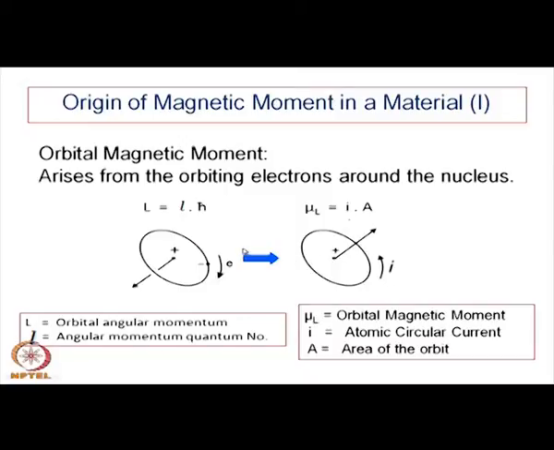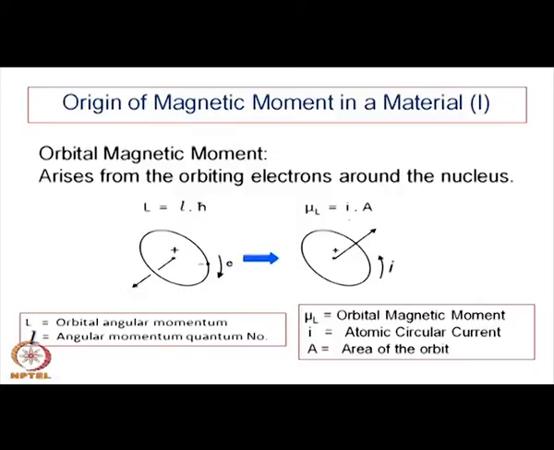So, mu L is the orbital magnetic moment, I is the atomic circular current which is flowing because of the movement of the electrons, and A is the area of the orbit. So, this is one kind of origin of the magnetic moment in any material.